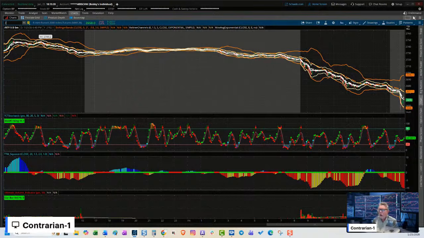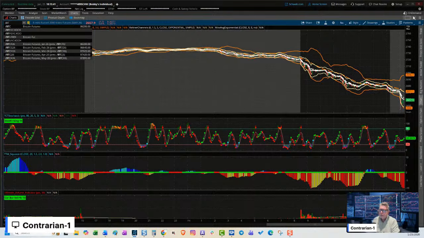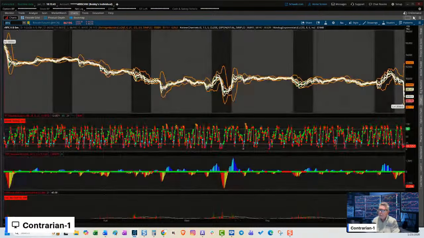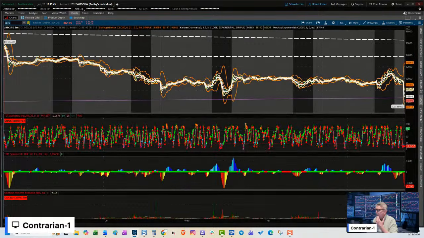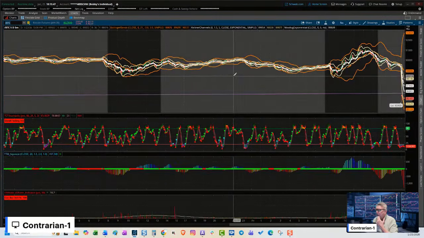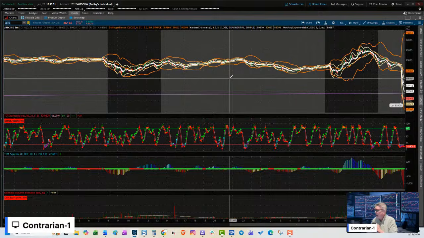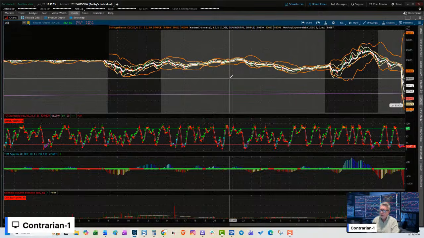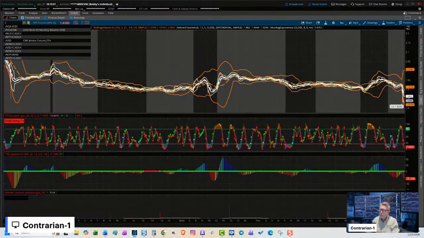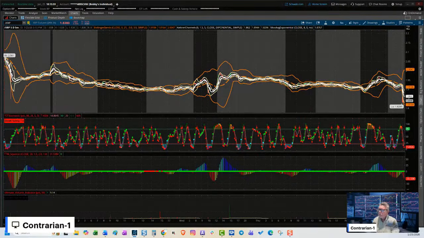I want to go over Bitcoin. Bitcoin really taking it on the chin over the weekend. It is down at current 3.73%, 86,000 on Bitcoin. Let's check out XRP. Down 4.3%.